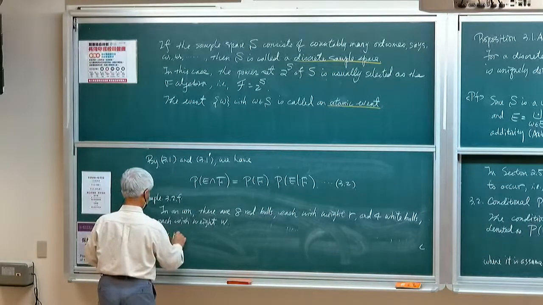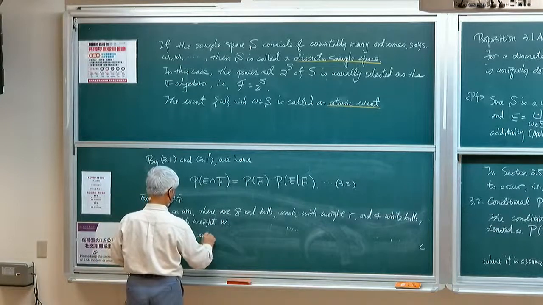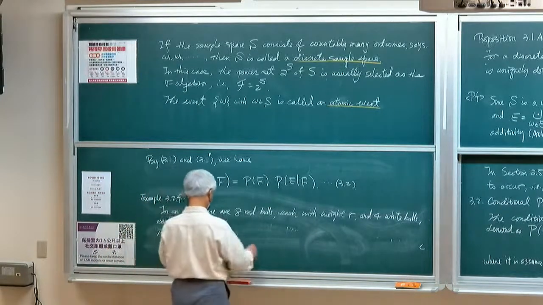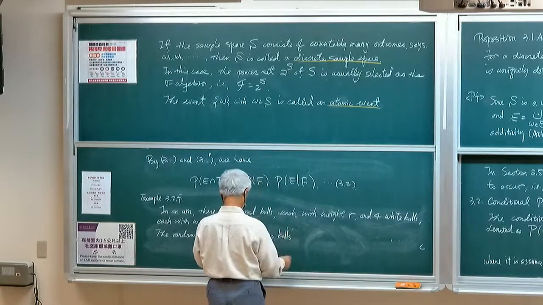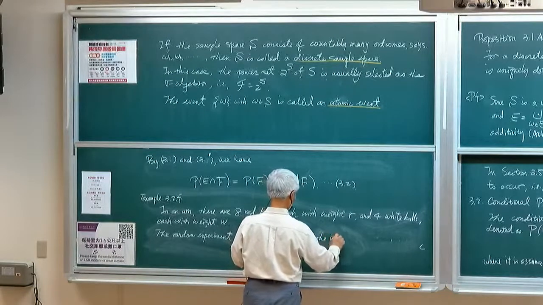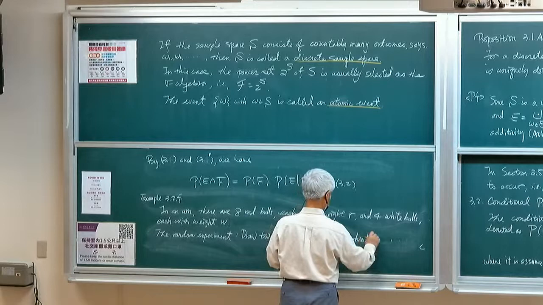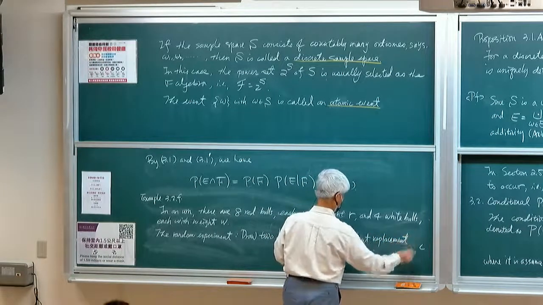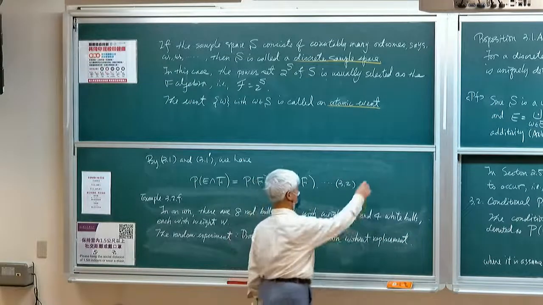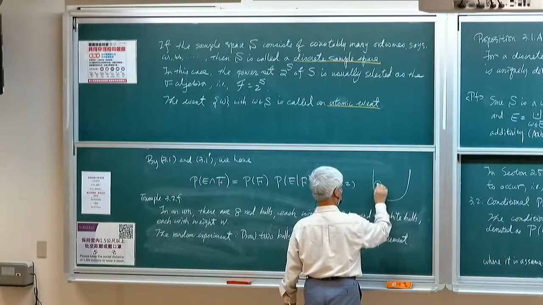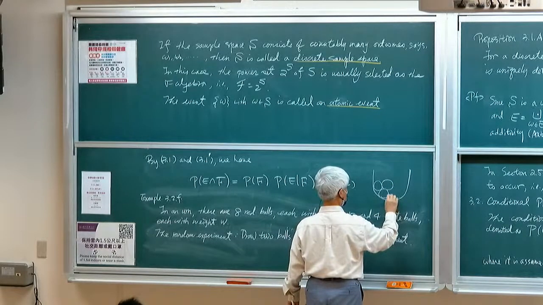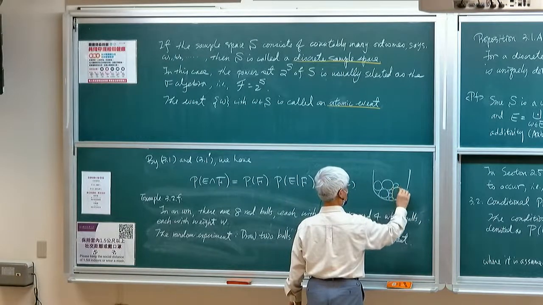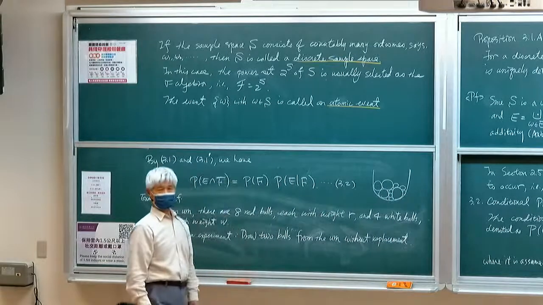So the random experiment is to draw 2 balls from the urn without replacement. Okay, so inside the urn, there are 8.